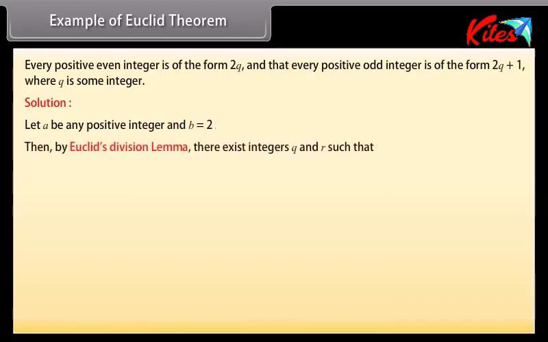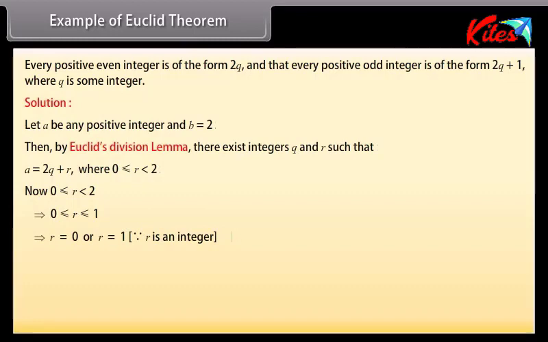Then by Euclid's division lemma, there exist integers q and r such that a is equal to 2q plus r, where 0 is smaller than or equal to r is smaller than 2, which implies 0 is smaller than or equal to r is smaller than or equal to 1, which implies r is equal to 0 or r is equal to 1 because r is an integer. Therefore, a is equal to 2q or a is equal to 2q plus 1.